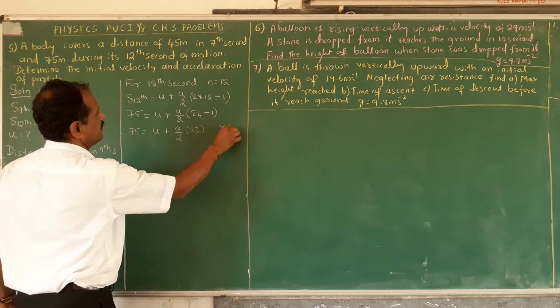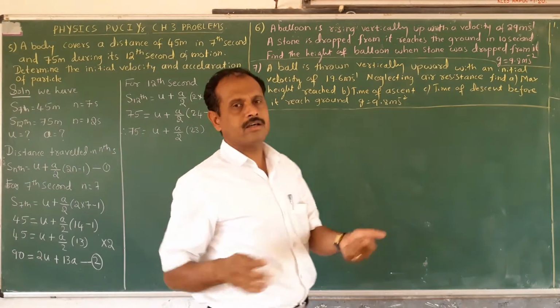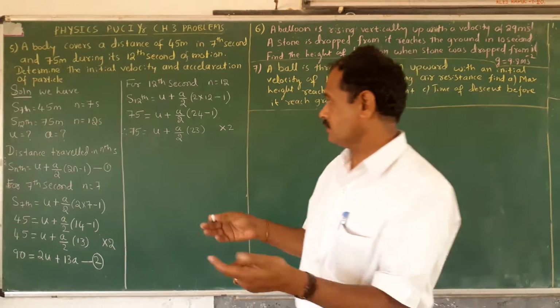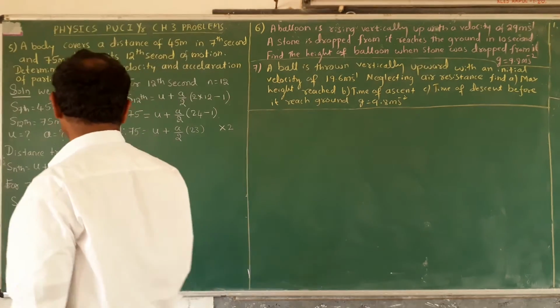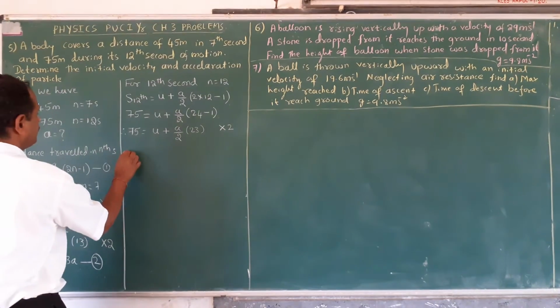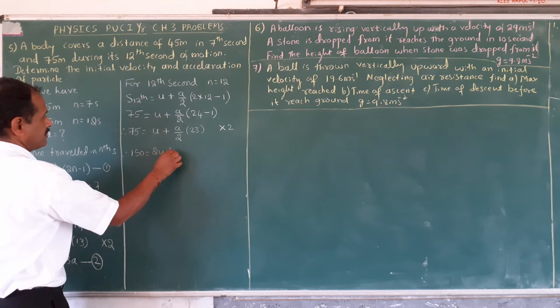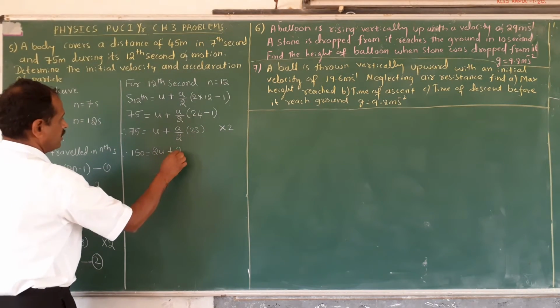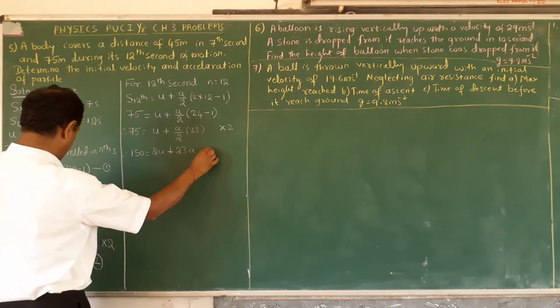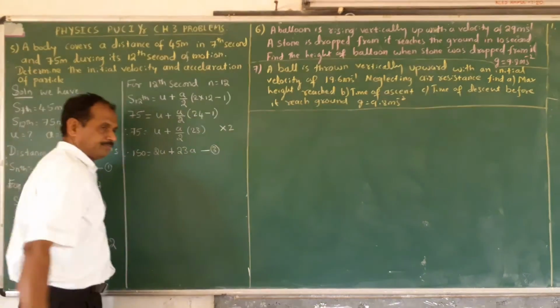Multiply on both sides by 2, so the 2 cancels and it is easy to get the expression. Multiplying 75 by 2 it becomes 150, equal to 2u plus 23a. This is equation number 3.